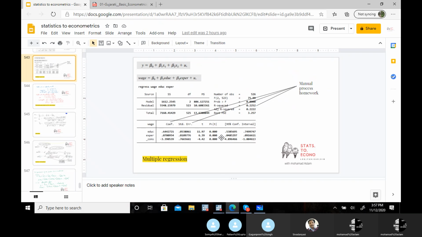Similarly, for experience, again the p-value is less than 0.05, so we have to reject the null hypothesis. The null hypothesis here is that the beta 1 coefficient is equal to 0, or beta 2 is equal to 0, because we are saying they are statistically insignificant.